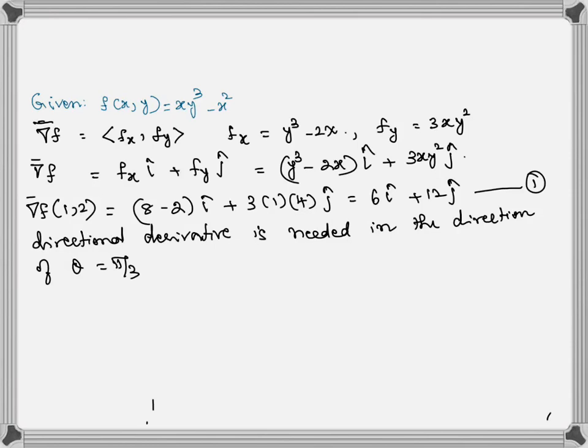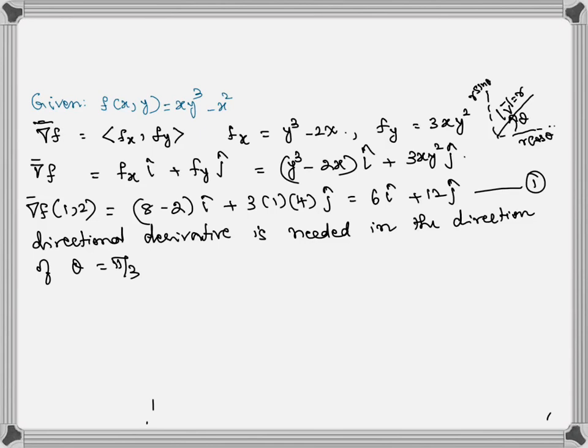If we consider a vector v whose magnitude is r, then the horizontal component is r cosine theta, and the vertical component is r sine theta.